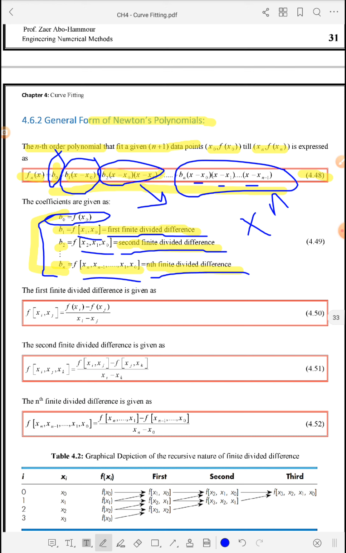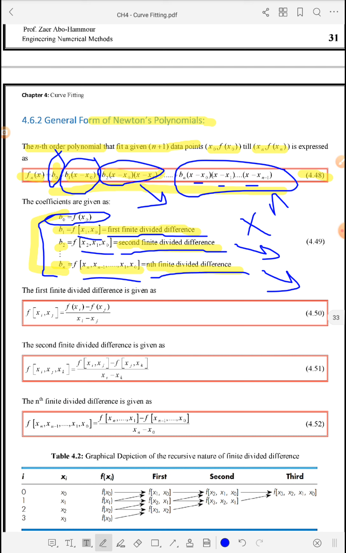And as we said previously, a certain divided difference corresponds to the same order of derivative. What do we mean by this? The first divided difference is an approximation for the first derivative, while the second divided difference is an approximation for the second derivative, till we reach the nth divided difference. It's an approximation for the nth derivative.